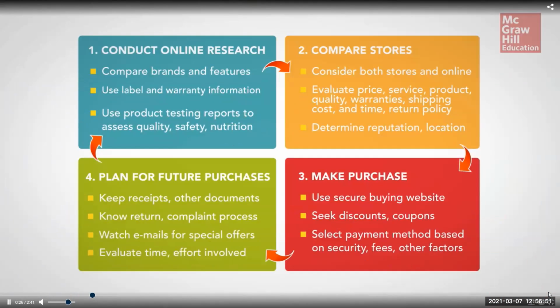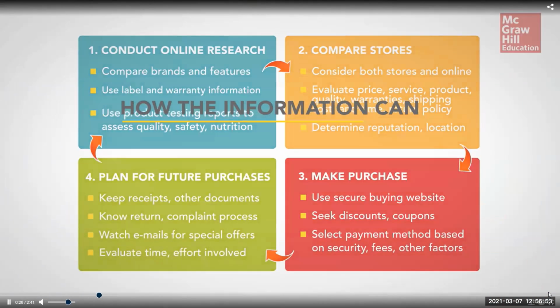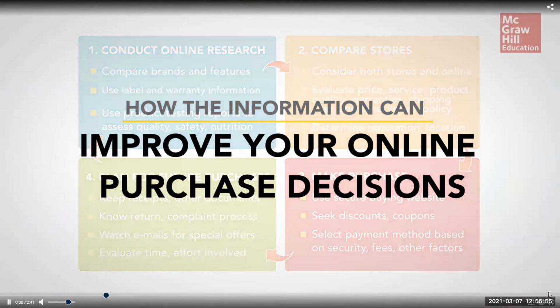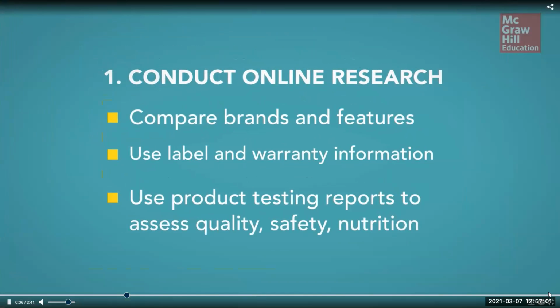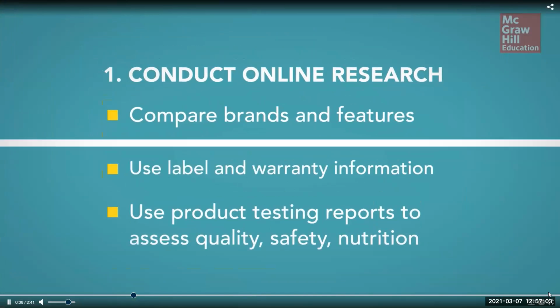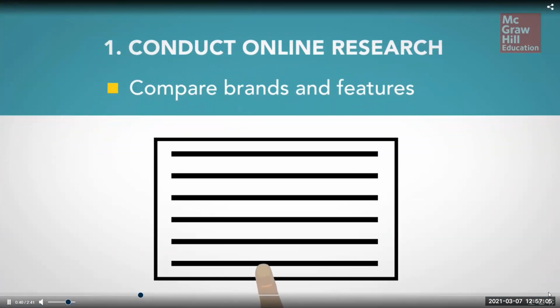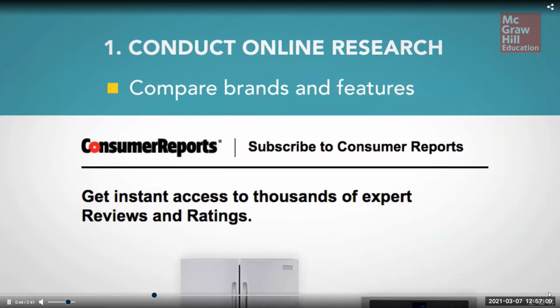Now, let's take a few minutes and focus on how the information in each section can help improve your online purchase decisions. Many of the activities in Step 1 can help you obtain the information you need to make a more informed purchase decision. For example, comparing brands and features, reading label and warranty information, and looking at consumer review sites to see what other people have said about a product or service can be very helpful.